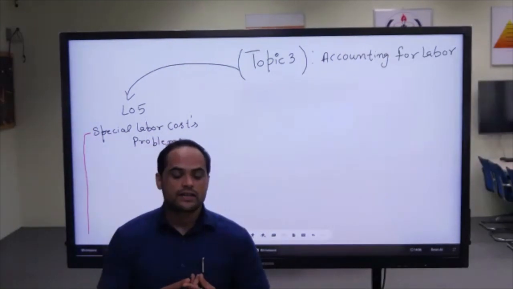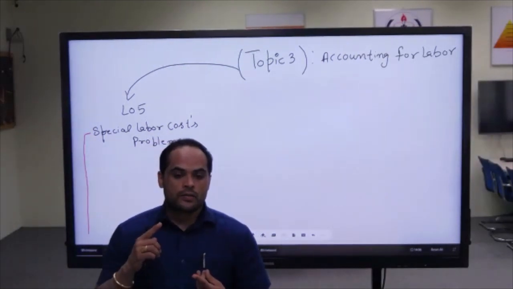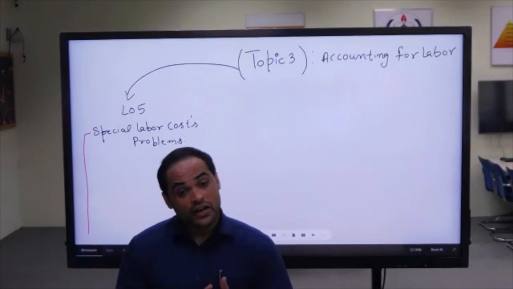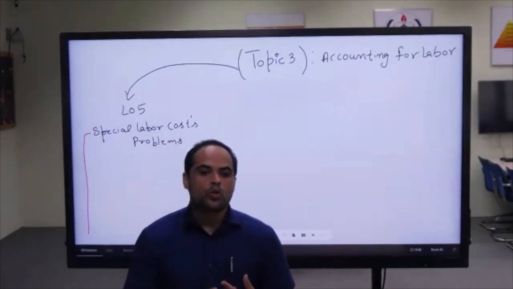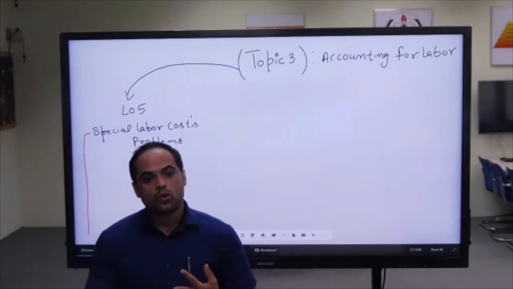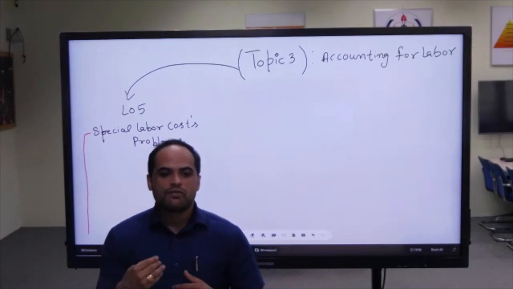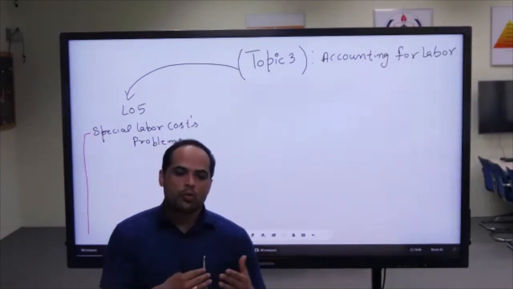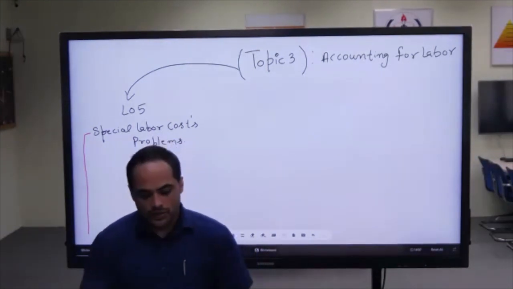Like we studied 3 different kinds of method. The first one was a labor rate plan, right? Second one was a piece rate plan, and third one was a modified wage plan, which is the combination of hourly rate and the piece rate, all right?